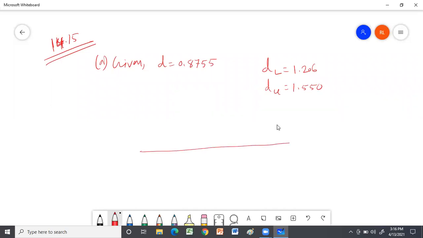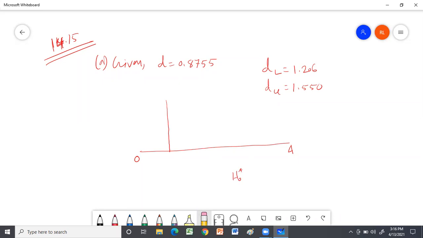Then I told you to prepare a graph comparing your calculated d and the tabulated d values derived from the d statistic table at the 5% level of significance. Here the d value starts from 0 and the maximum d value can be 4. The first region is the rejection region of the null hypothesis. There are two null hypotheses you have to assume.